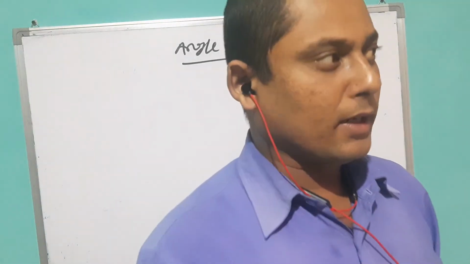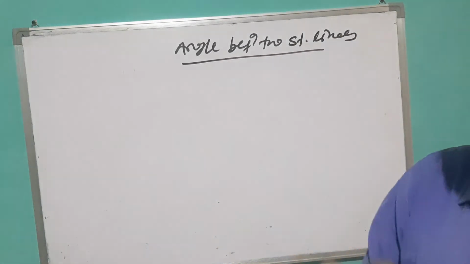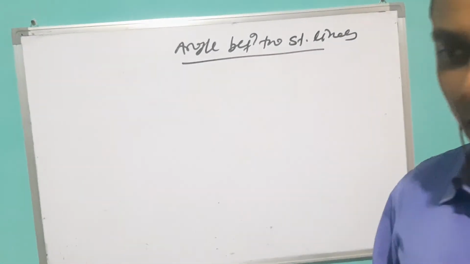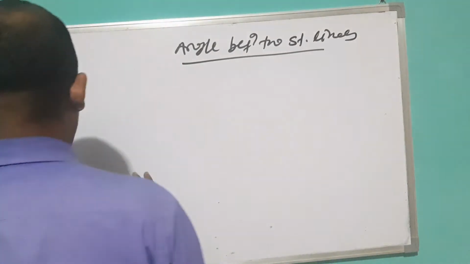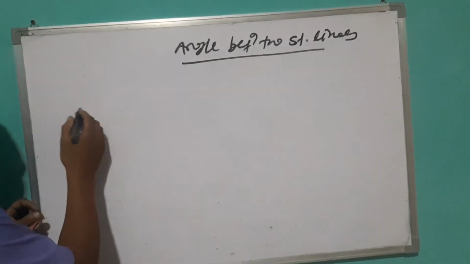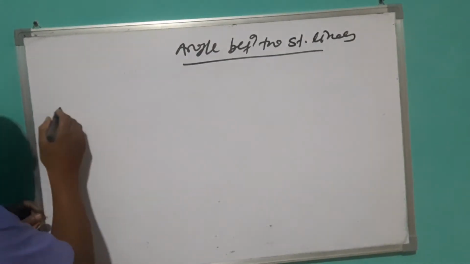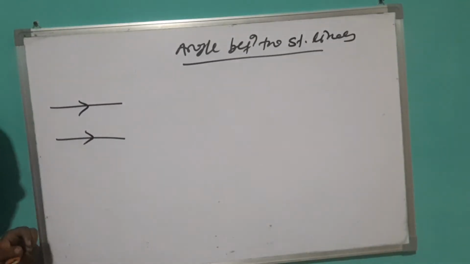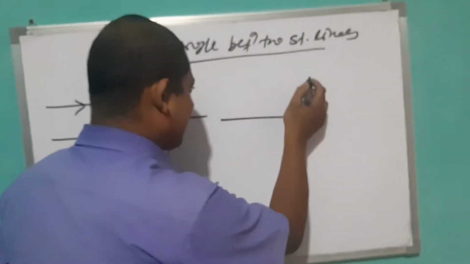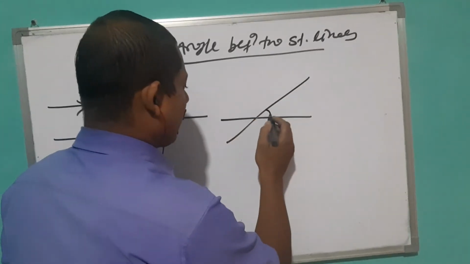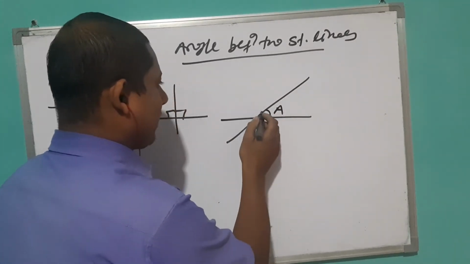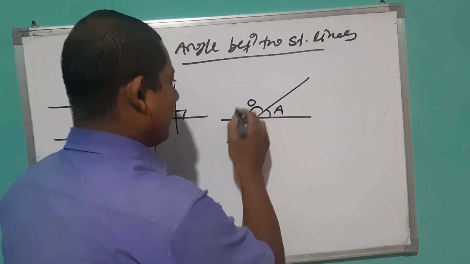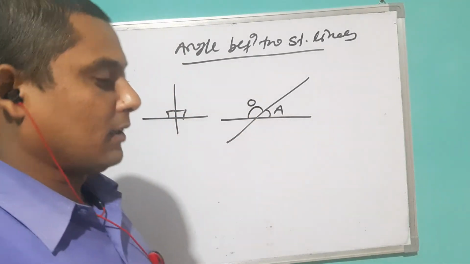You can draw the two lines in three ways only. There is no fourth option. The first option is, if you have drawn two lines, either they will be parallel, or perpendicular, or they will intersect in such a way that on one side they make an acute angle, then obviously on the next side they make an obtuse angle.